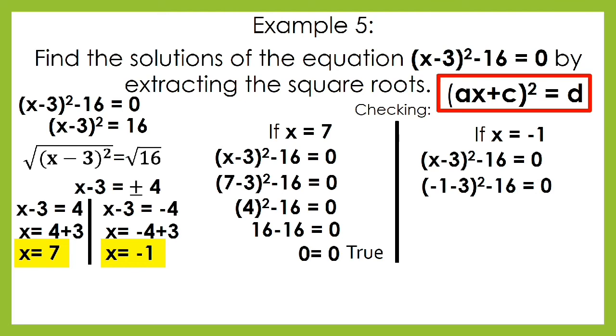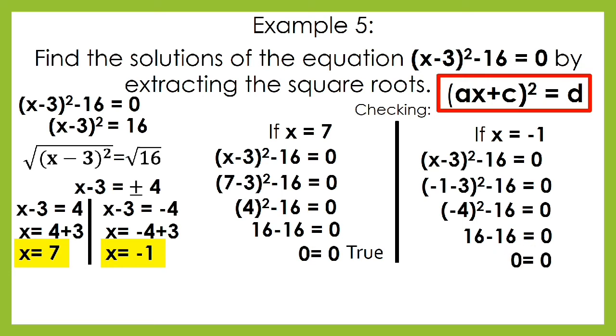Next, if x equals negative 1, substitute negative 1 to the original equation. We now have x is negative 1, therefore, we have (negative 1 minus 3) squared minus 16 equals 0. Simplify, negative 1 minus 3 is negative 4 squared minus 16 equals 0. Simplify, square of negative 4 is positive 16 minus 16 equals 0.